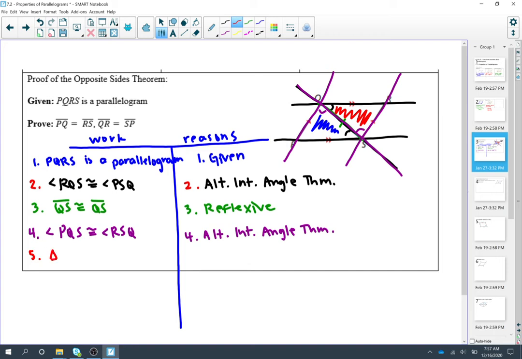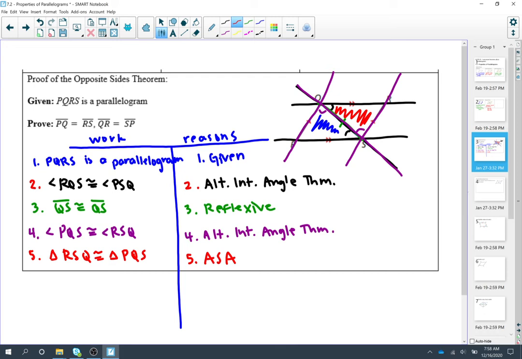I'm going to say triangle RSQ is congruent to triangle, and if I started out here with R, I'm going to start out here with PQS. And the reason I'm allowed to say that is because of the angle side angle theorem.